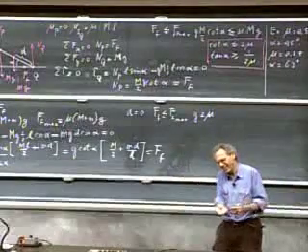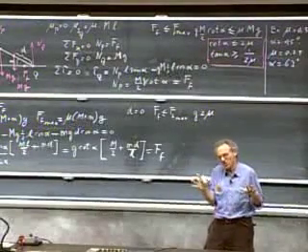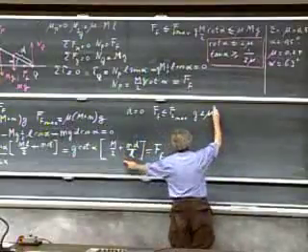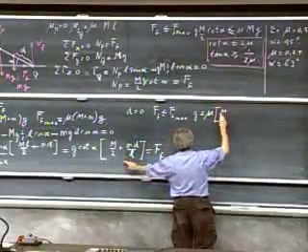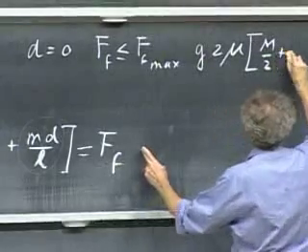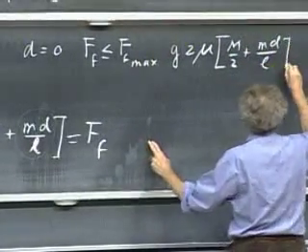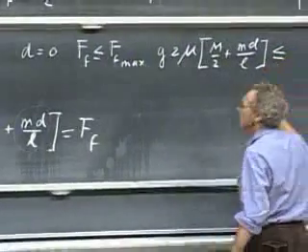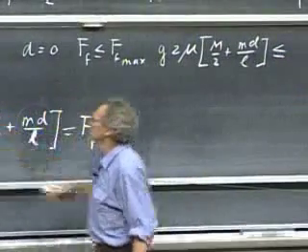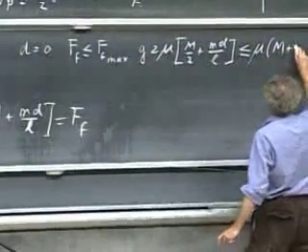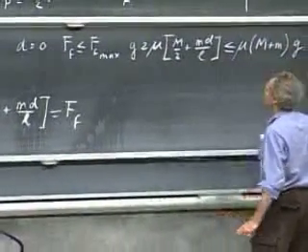I start exactly at the angle so that the ladder is sort of just hanging in there. So g times 2 mu, times M divided by 2, plus m times d divided by L. This now has to be less or equal to this value: mu times capital M plus little m times g.